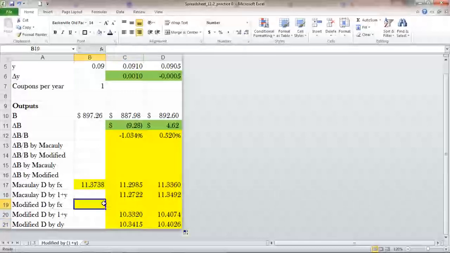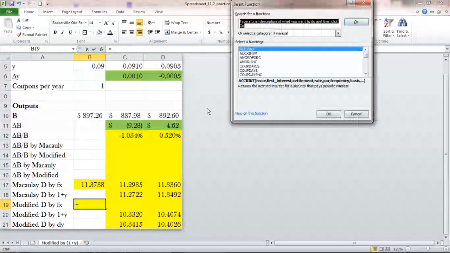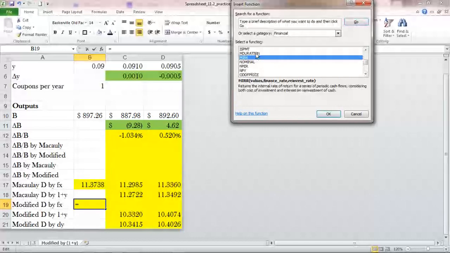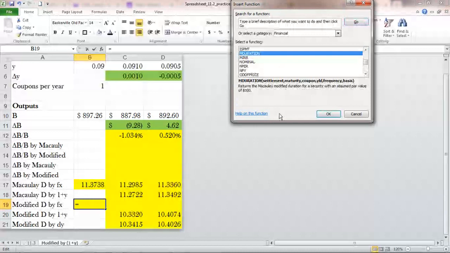But let's find modified duration also by Excel. So go to a function and then scroll down until you find modified somewhere, M duration. M duration, that's modified duration. Hit OK.